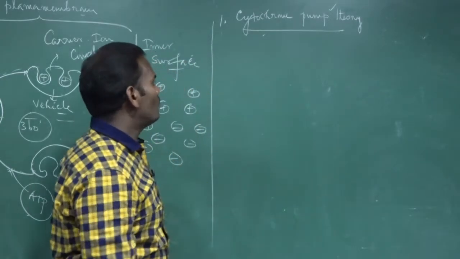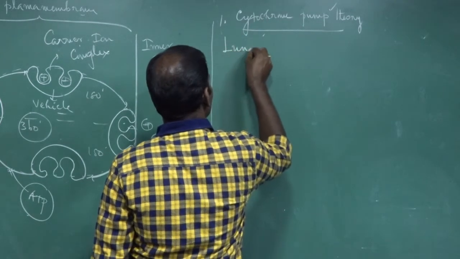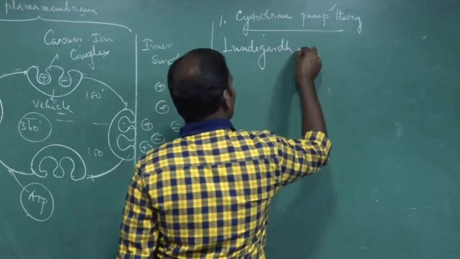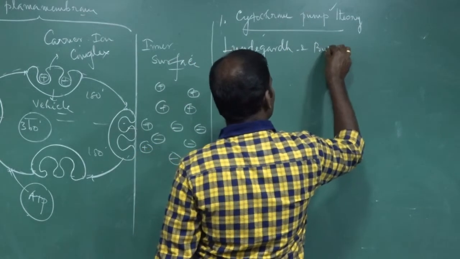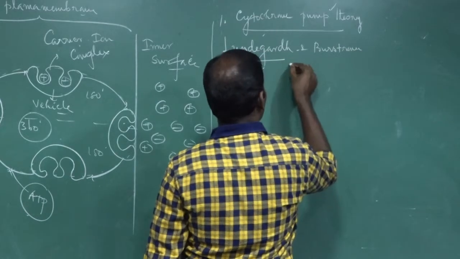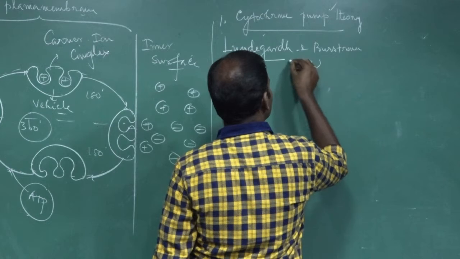This theory was proposed by Lundegardh and Burström in the year 1933.